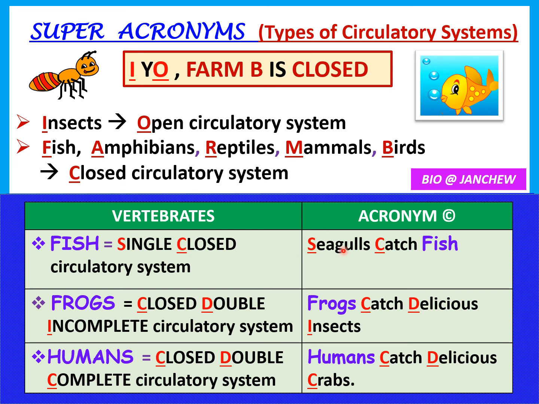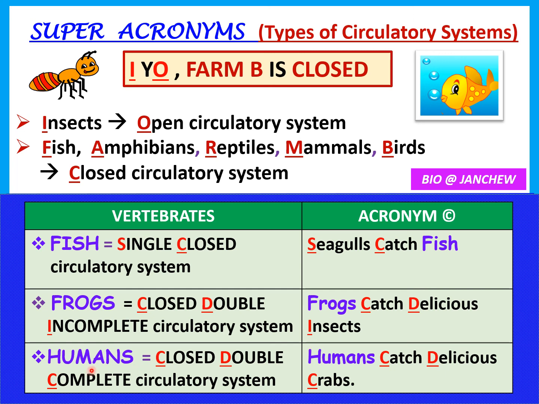Fish also we use the word catch. Okay, that represents the closed circulatory system. So in this case, seagulls catch fish, but frogs catch delicious insects. Okay, C in the catch for closed, the D here for double, and I for incomplete circulatory system.